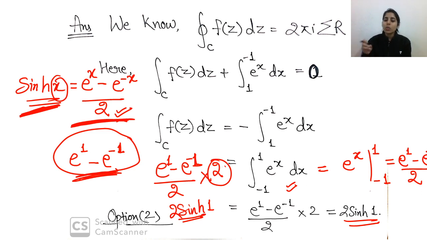You will do the changes in such a manner that it will not affect the actual expression. So we are dividing as well as multiplying, and now this form is becoming sine hyperbolic 1. And 2 is already in the multiplication now, so 2 sine hyperbolic 1. Is this clear, Souvik? And to everyone, guys?